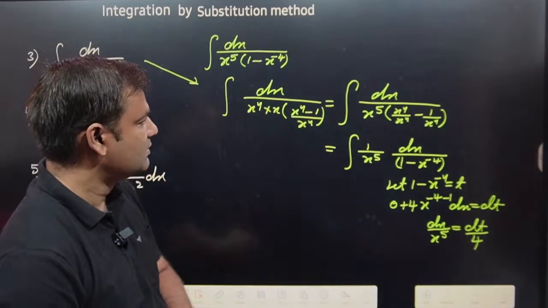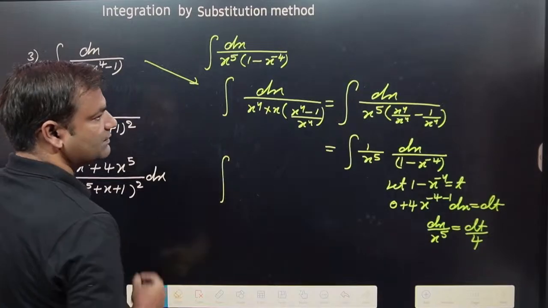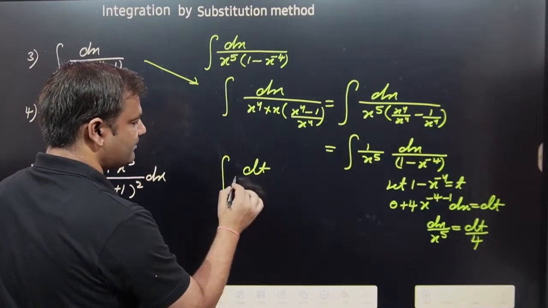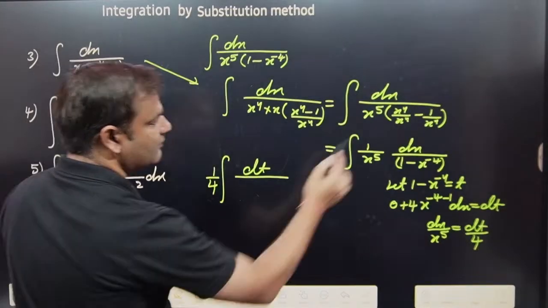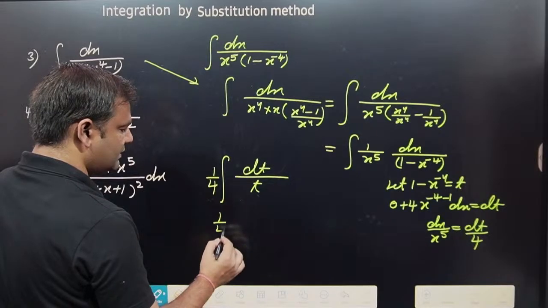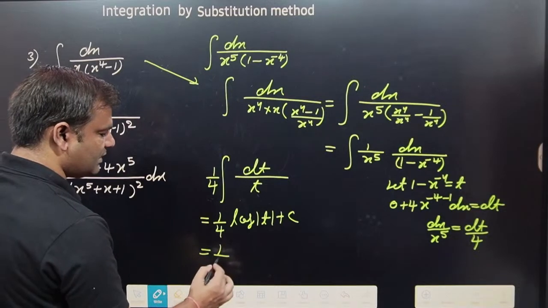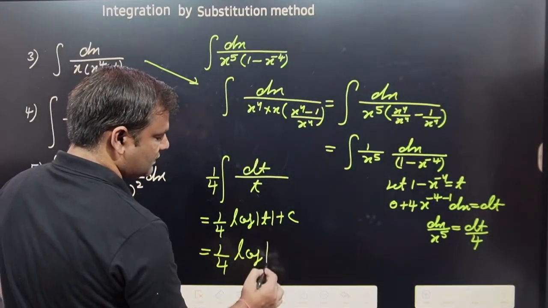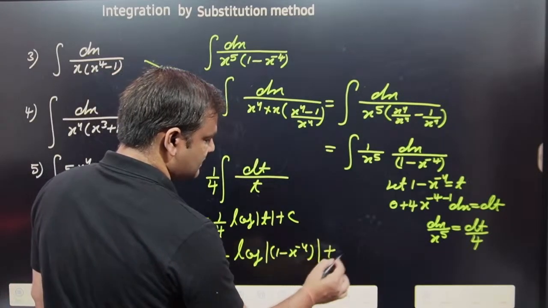Now if we put that value here, we get dt divided by 4, so 1 by 4, and that one is simply written as t. So 1 by 4 into log modulus of t plus c, and 1 by 4 into log t is basically 1 minus x to power minus 4 plus c, which is the right answer.